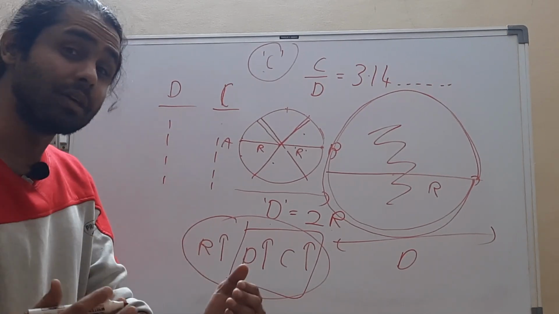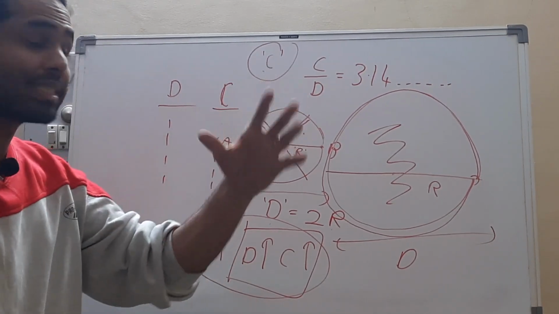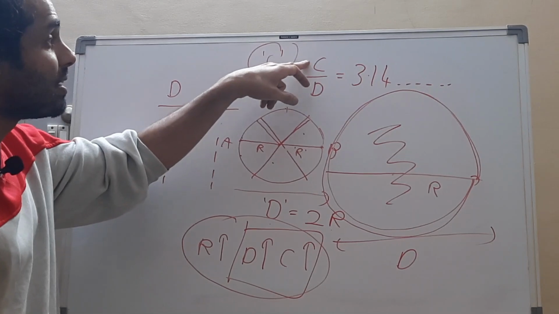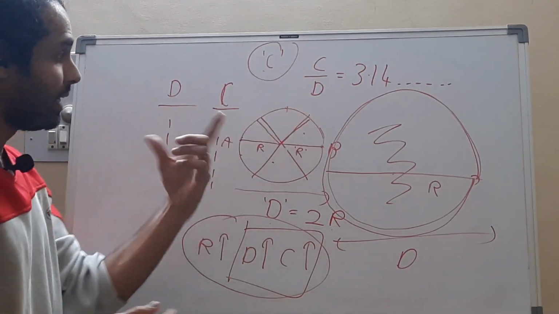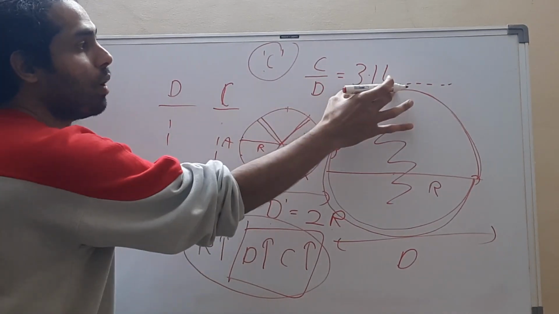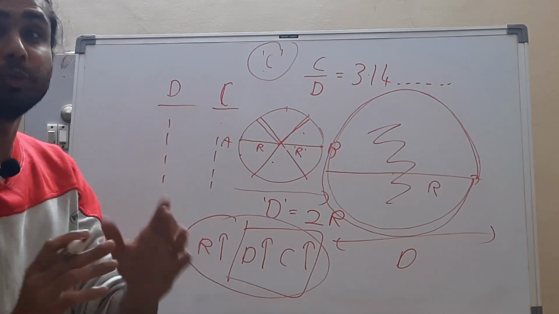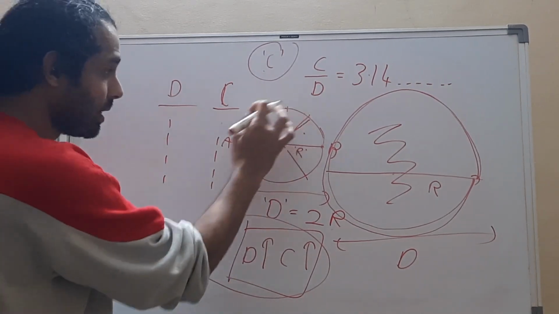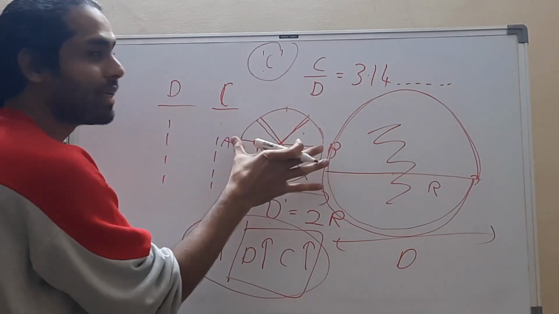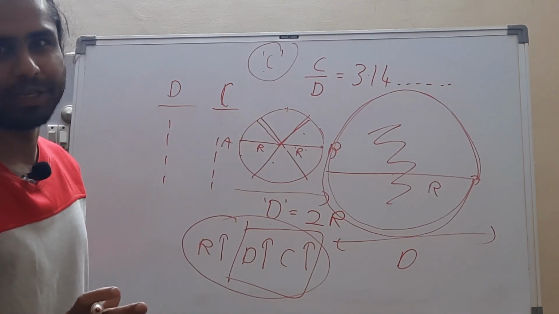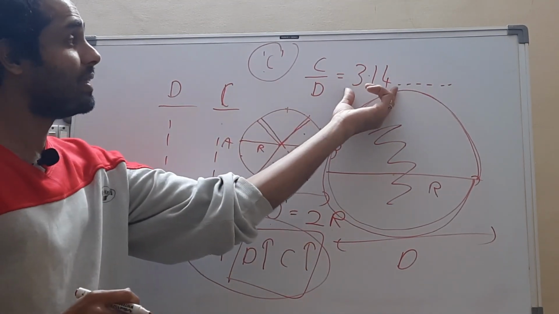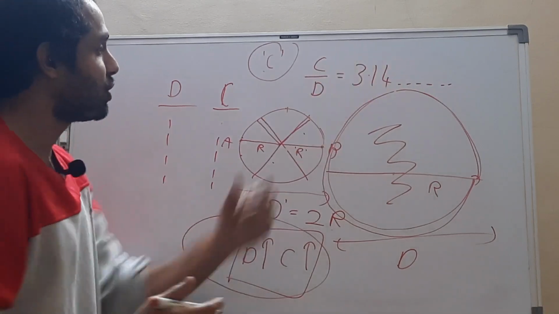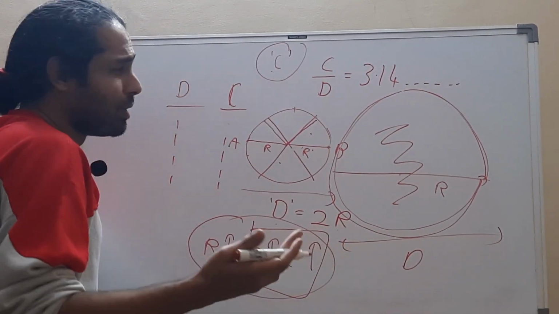That for any circle, from the smallest to the biggest, the ratio of circumference C divided by diameter D will always be a little more than 3, which means for any circle, the circumference is about 3 times the size of the diameter. Therefore, this is a special number, which is a very famous number, obviously.